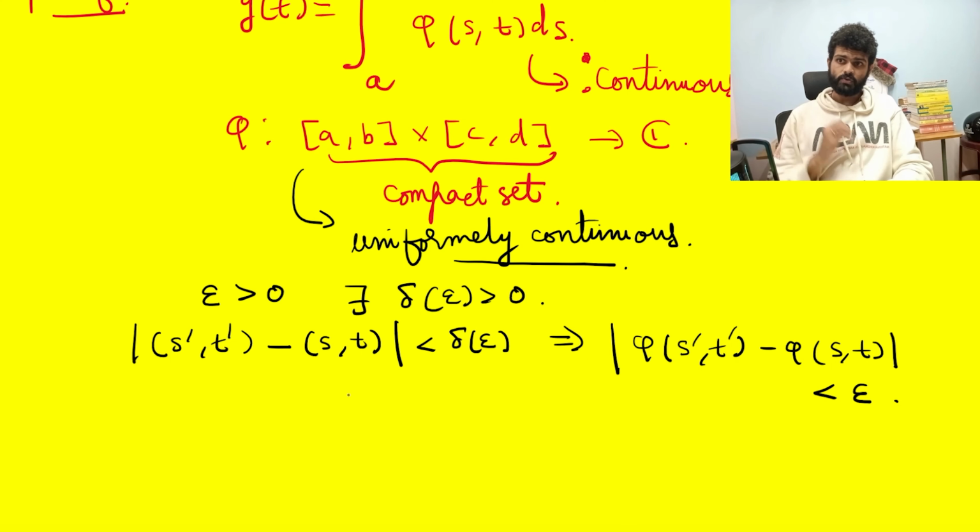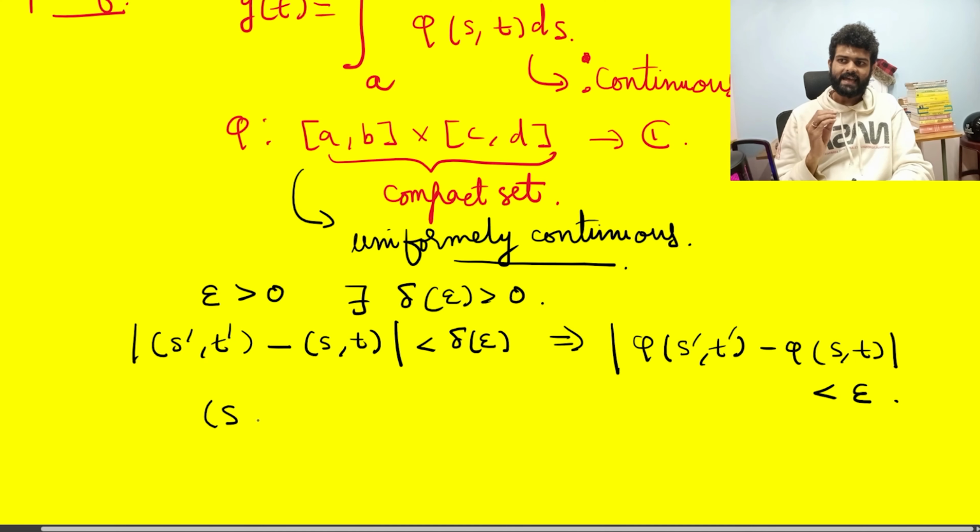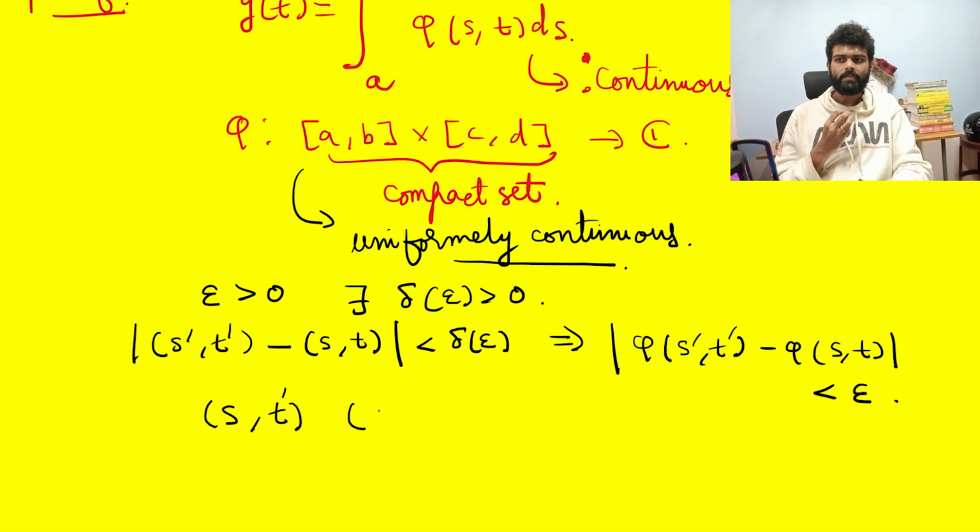Now, what I will do here is that, in particular, I can pick points wisely. By that I mean, maybe I can fix this s, and pick 2 points that differ only in the second variable, so maybe t' and t.